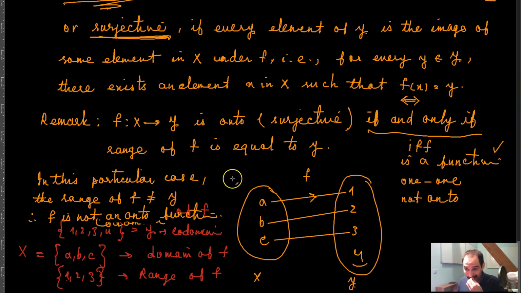And one more thing that you need to pay attention to here is that we are saying if and only if. So this is a biconditional, meaning that you can say that f as a function from x to y is onto if this is the case, and also the range of f is equal to y if and only if, I'm sorry, let me write it down over here.